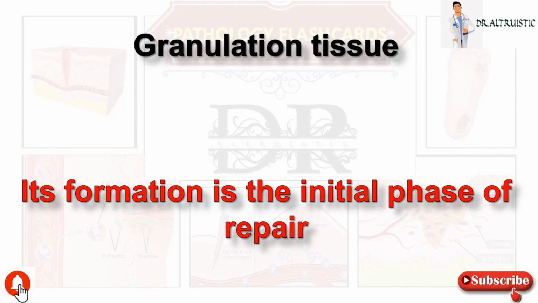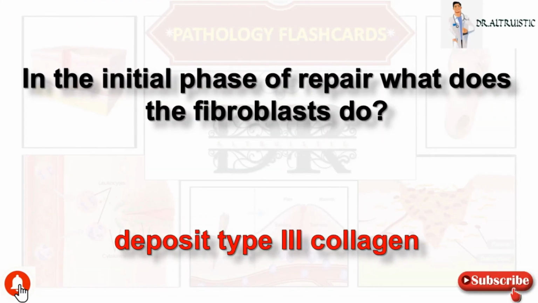Granulation tissue. Its formation is the initial phase of repair. In the initial phase of repair, what do the fibroblasts do? Deposit type 3 collagen.